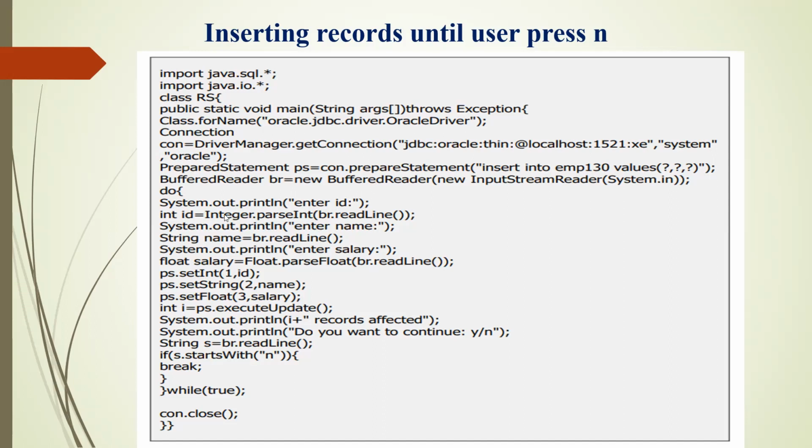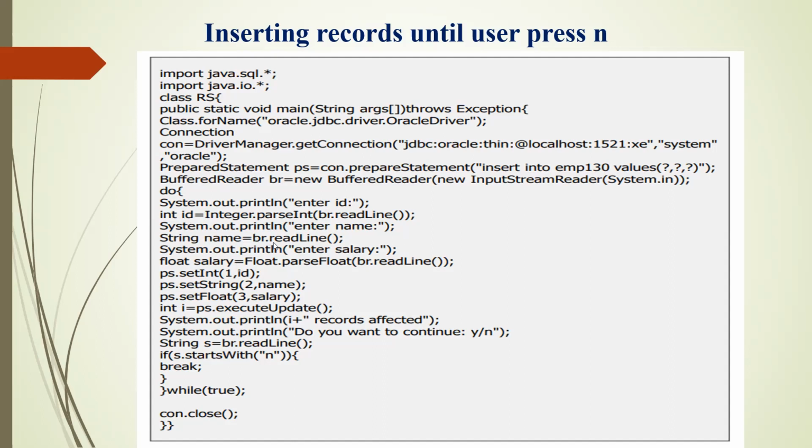Integer.parseInt, where capital I Integer is a wrapper class to convert any data that we pass into integer. Then second data, we will ask the user to enter name. He will input the name. Name is a string, so directly it can be assigned to the name variable. But the ID we passed as a string, so we converted it into integer and assigned it to variable ID.